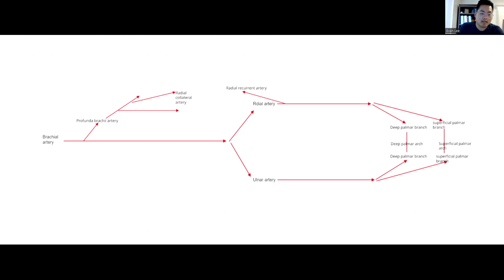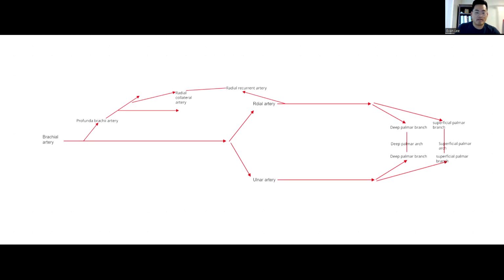What we'll see is that in a weird way, these blood vessels interconnect, and this is what we call an anastomosis. So this anastomosis is going to allow this area to receive blood, even if one of them were to be slightly impinged or blocked or even broken.